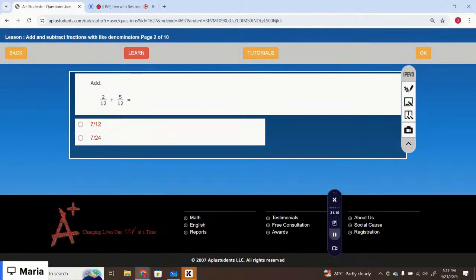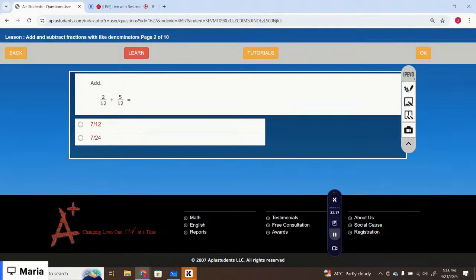2 by 12 plus 5 by 12, so which is the correct option? That is 7 over 12.